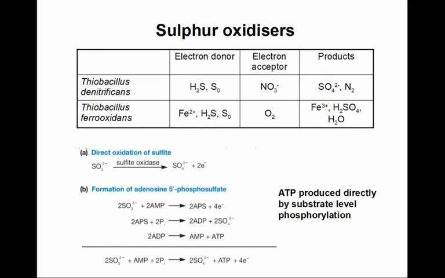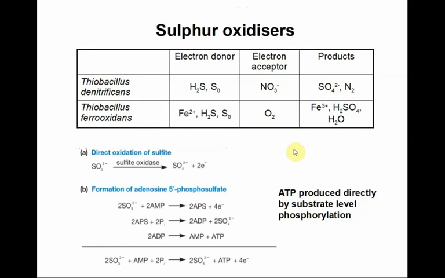Okay, sulfur oxidizers, similar kind of thing. You have reduced forms of sulfur, which are the electron donors. The electron acceptors are either molecular oxygen or nitrate. This works because nitrate is a better electron acceptor than sulfate.